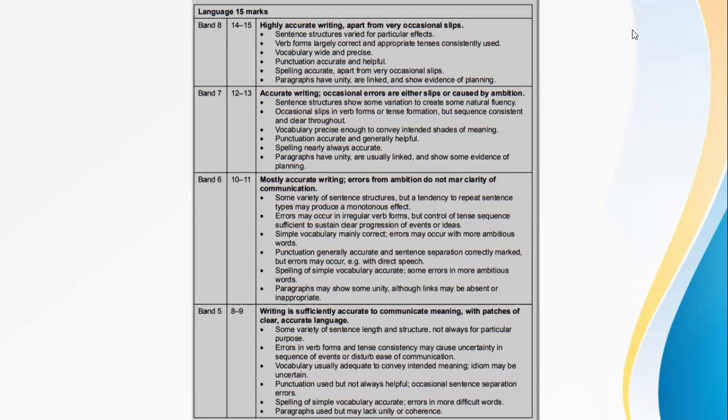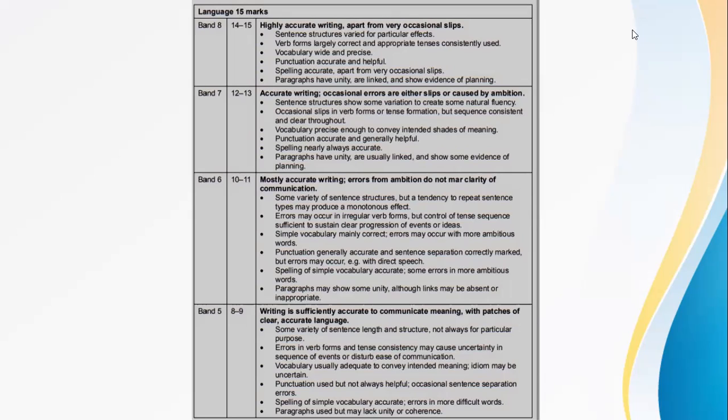from 10 to 11. But in case your writing is sufficiently accurate to communicate meaning, with patches of clear or accurate language, for example, there are errors in verb form or tense consistently, which may disturb the ease of communication, or the vocabulary is adequate to convey intended meaning, idioms may be uncertain, or there are spelling errors for simple vocabulary, or errors with more difficult words, and paragraphs are used but may lack unity or coherence.